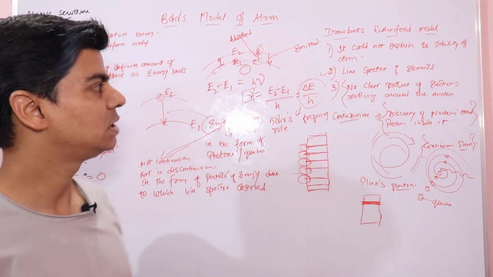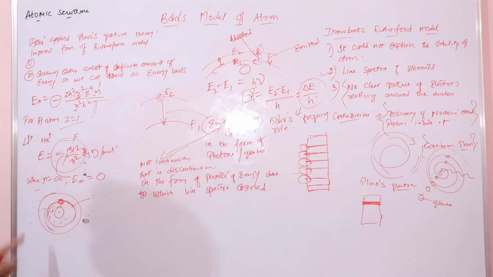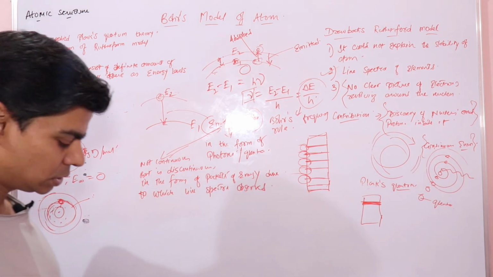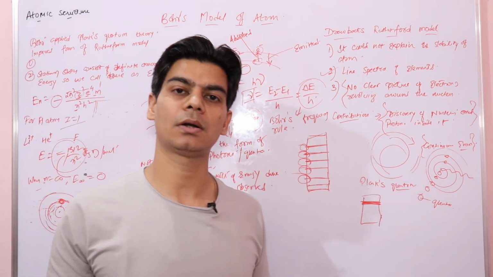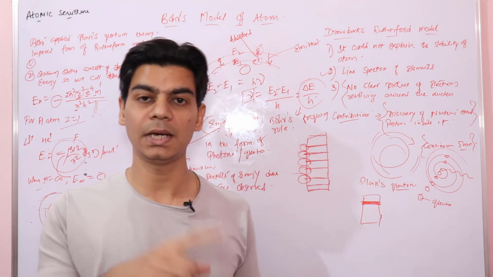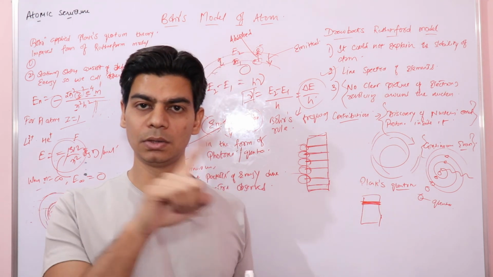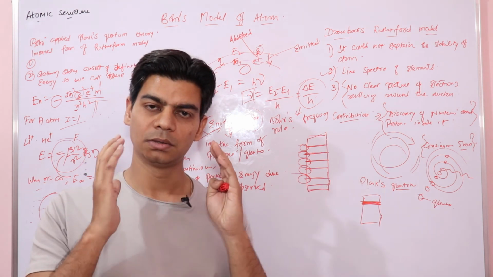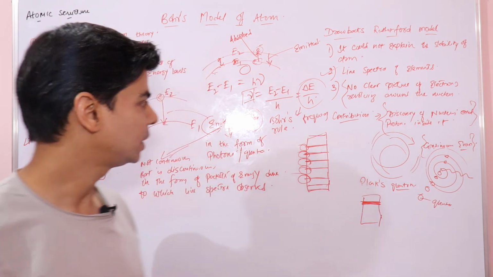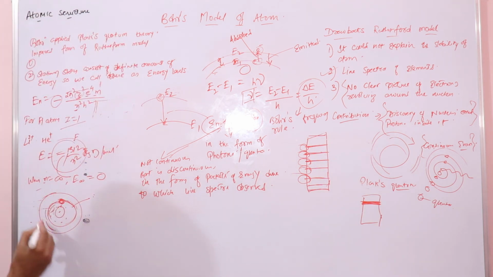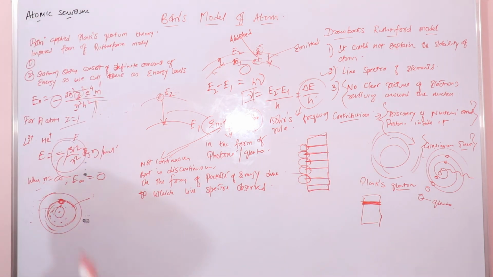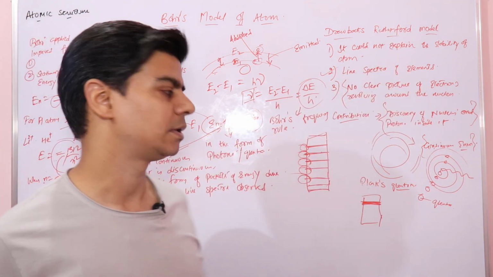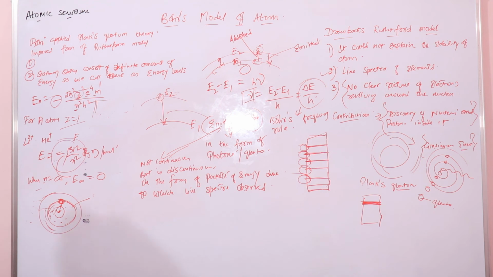This explains the stability of the atom, because Bohr said that electrons will keep moving in the permitted orbits, the stationary orbits that have stationary energy, without radiating energy, hence will not fall into the nucleus. It explains the stability of the atom. So I hope this is clear.